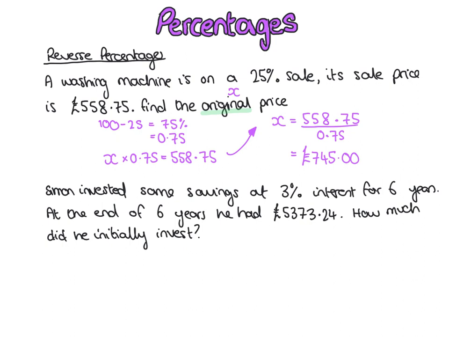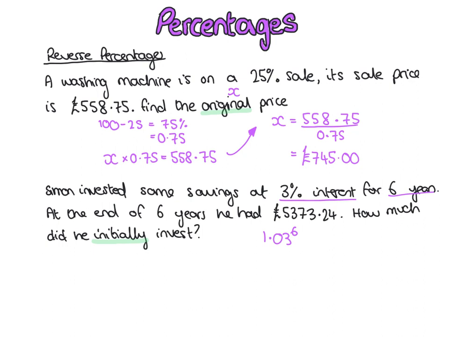This second example combines compound interest and reverse percentage. Again, we've got this term: in the first one we had original, this one we have initially, so what did he initially invest, what did it start at, so we know it's reverse percentage. We've got 3% interest, so 1.03 would be the decimal multiplier for that. He did that for 6 years, so 1.03 to the power 6, just like the compound interest we just did.